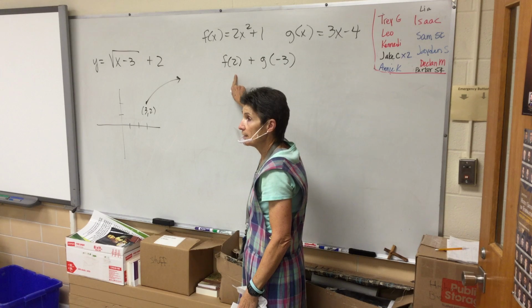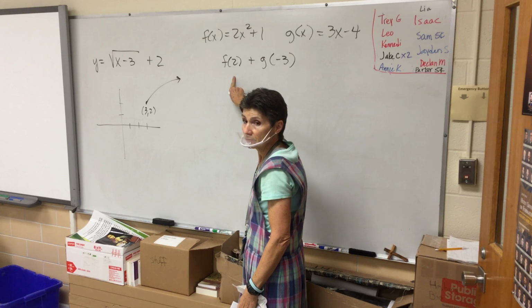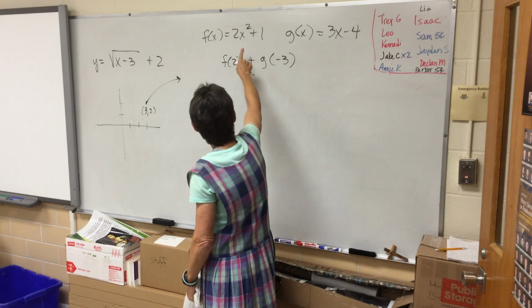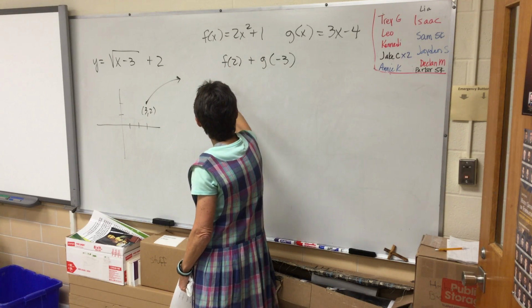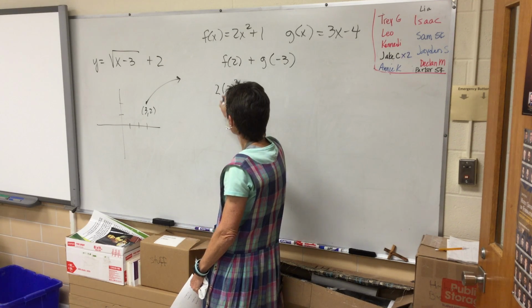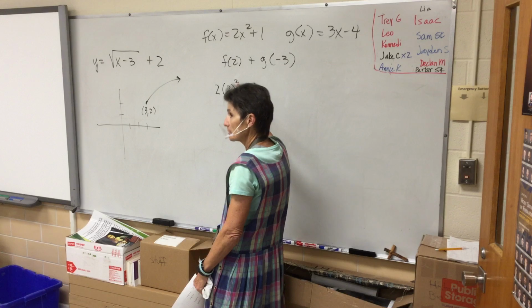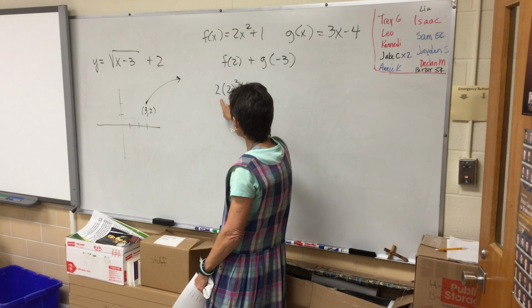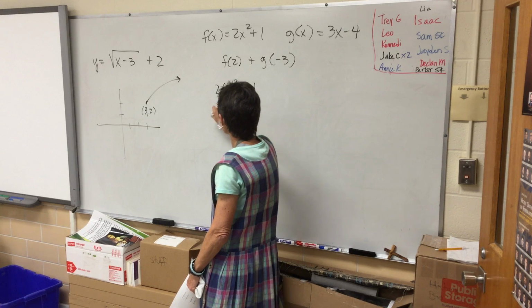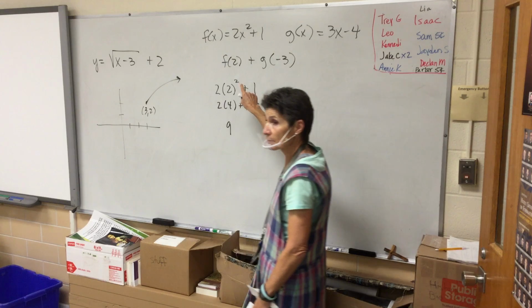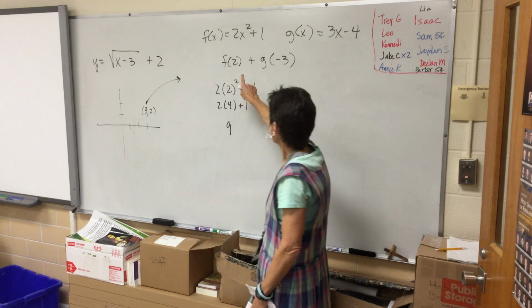Put 2 into x in f. Now be careful, when you put 2 in there, you're going to get 2 times 2 squared plus 1. What do I do first here? Square. So this is going to be 2 times 4 plus 1, which is 9. So f of 2 is 9.